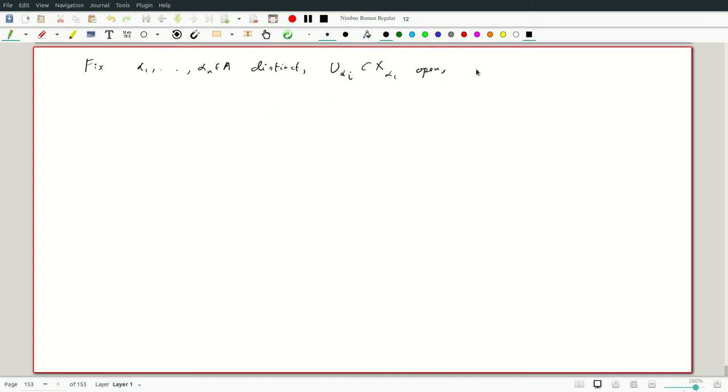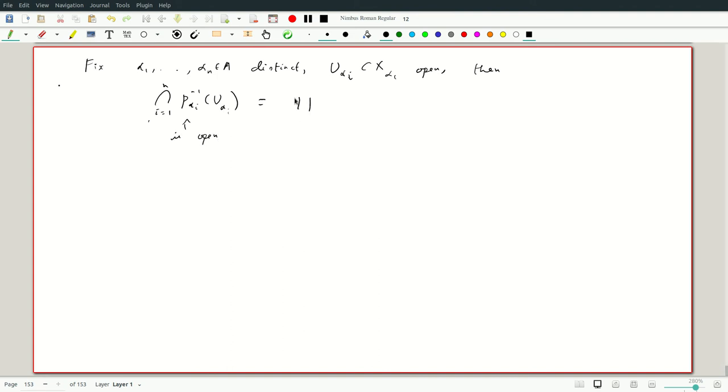Then let's look at the intersection over i equals 1 to n of p alpha i inverse of u alpha i. So this must be open.